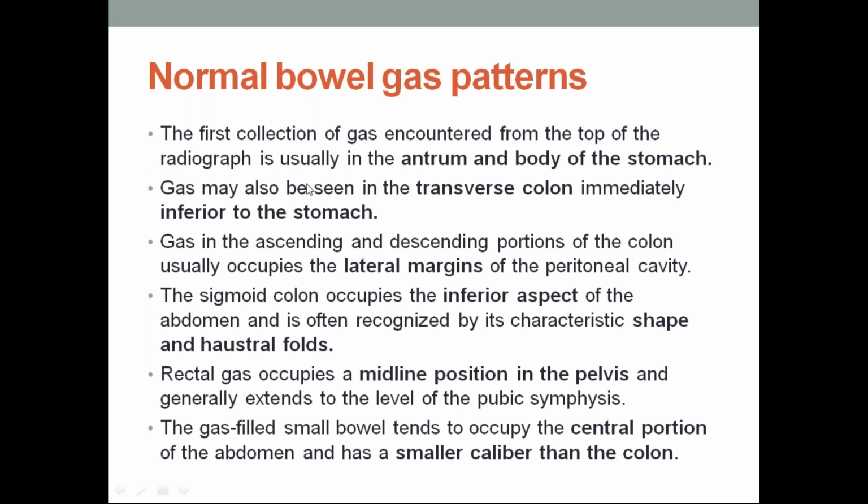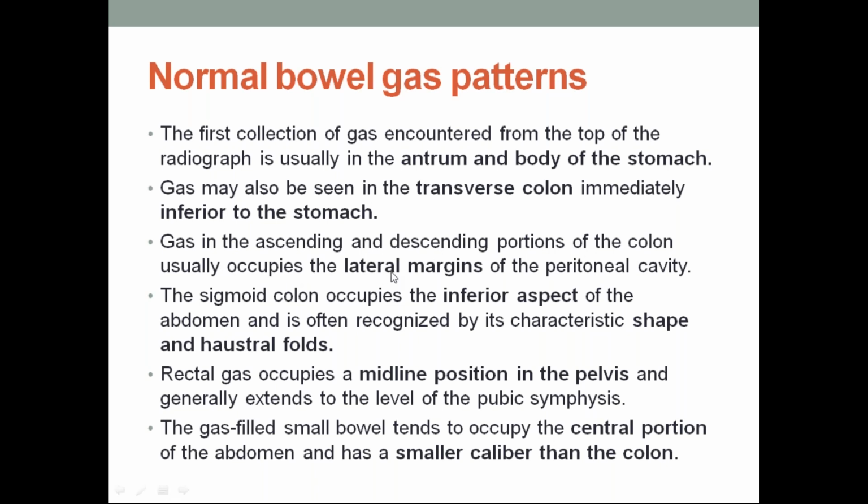After that, gas may be seen in the transverse colon immediately inferior to the stomach. The transverse colon and the splenic flexure you will see immediately below the stomach. And gas in the ascending and descending portions of the colon usually occupies the lateral margins of the radiograph.